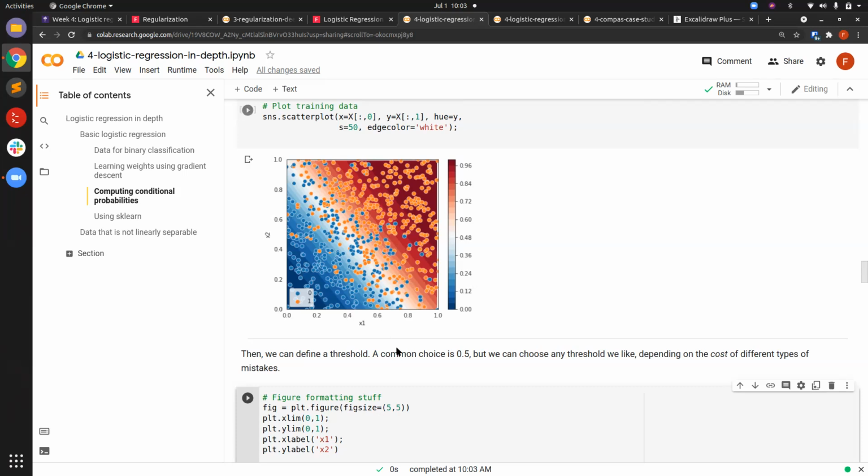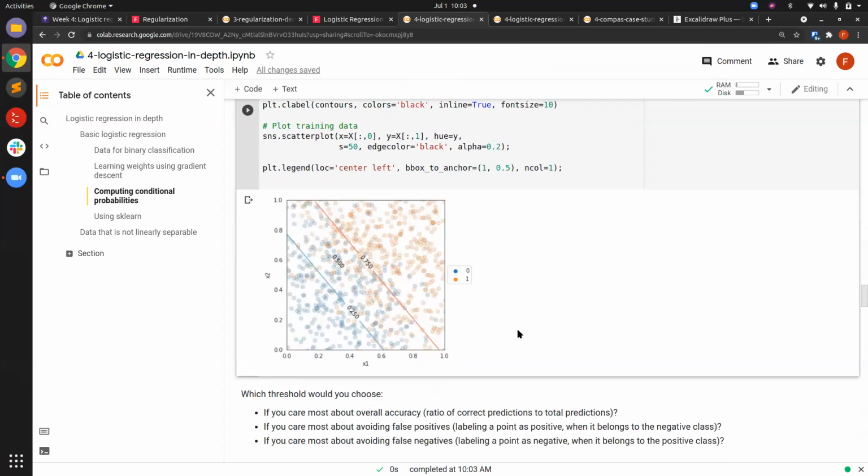In that case, where would you set the threshold? So suppose you have a very strong cost associated with false positives. Which decision boundary will we choose? Will we choose the 0.5 point, the 0.25, or the 0.75?